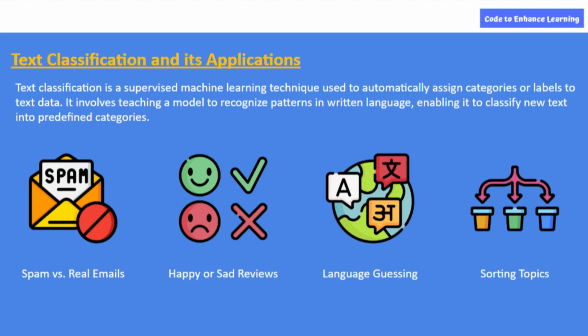Second one is identifying reviews as happy or sad. Third is detecting the language of text like English or Hindi. And fourth one is grouping articles or messages by topic. Our project will use text classification to detect whether a question belongs to math, science, or English.